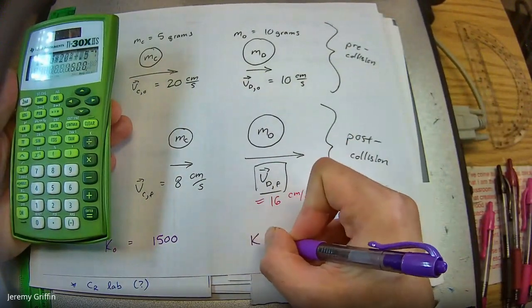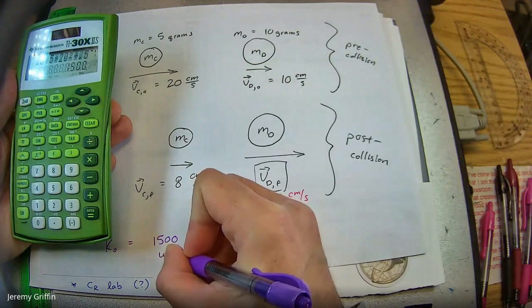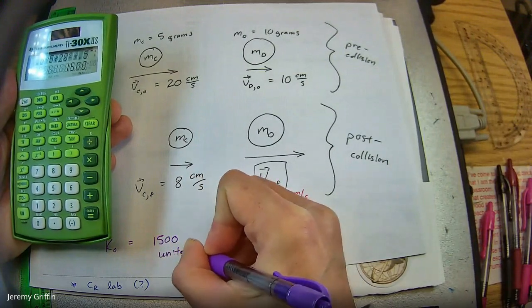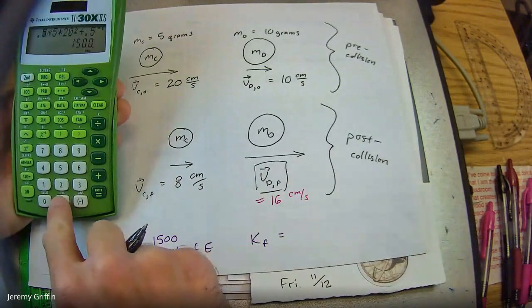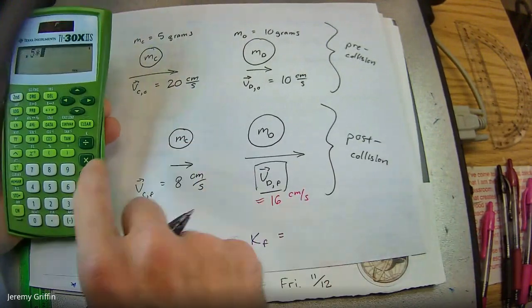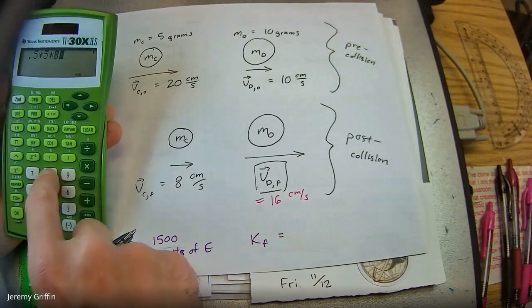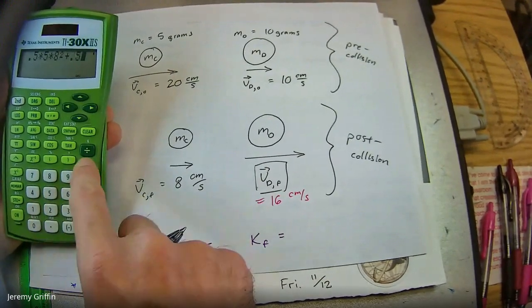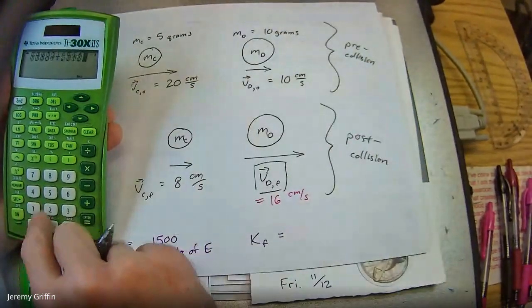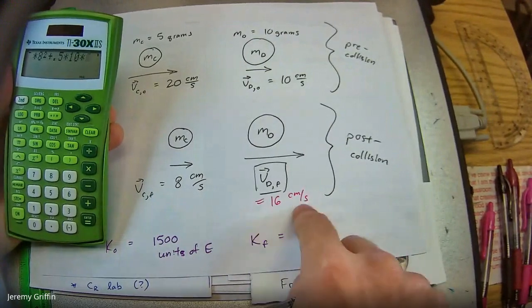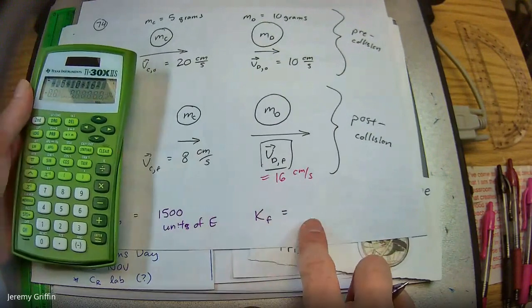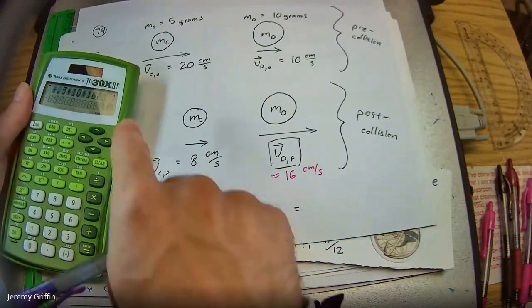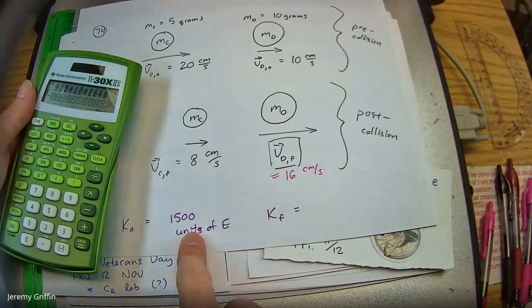What is K final? So 1/2 times this m, still 5 grams, times this v squared, plus 1/2 times this m, still 10 grams, times this v that we just solved for, squared. Now when I hit enter, let's see if you guys are following. Is the number on my screen going to be more than or less than 1500?